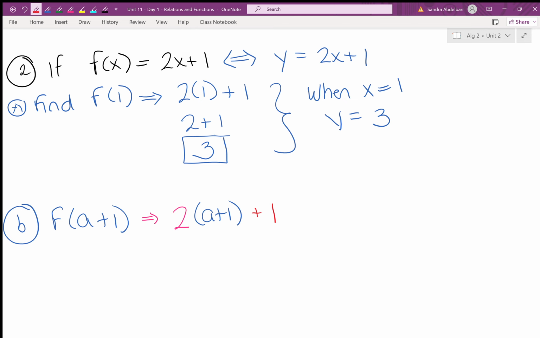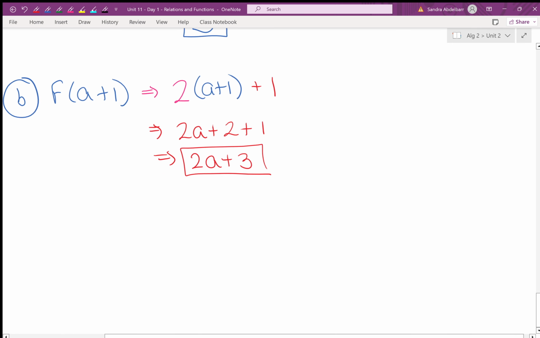Distribute in that 2. So we have 2a plus 2 plus 1, which is going to be 2a plus 3. So this is saying when x is a plus 1, y is 2a plus 3.